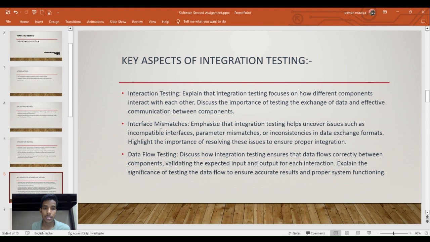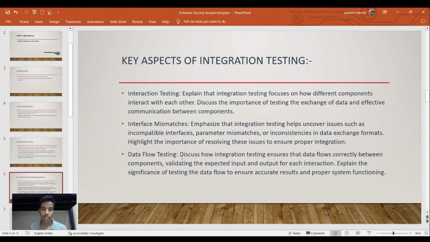Interface mismatches: emphasize that integration testing helps uncover issues such as incompatible interfaces, parameter mismatches, or inconsistencies in data exchange formats. Highlight the importance of resolving these issues to ensure proper integration.